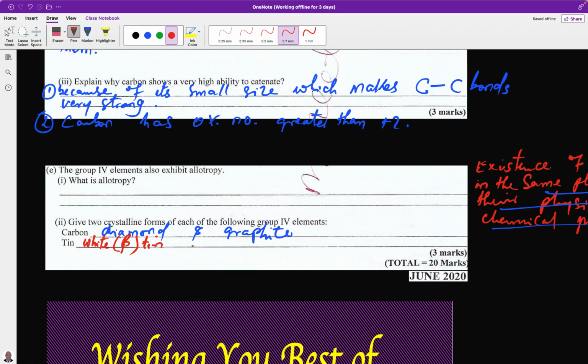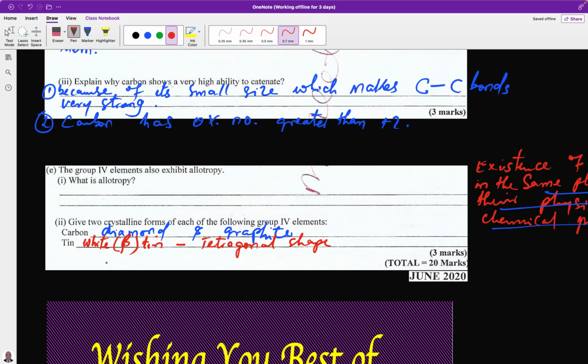The crystalline form of this allotrope has a tetragonal shape.